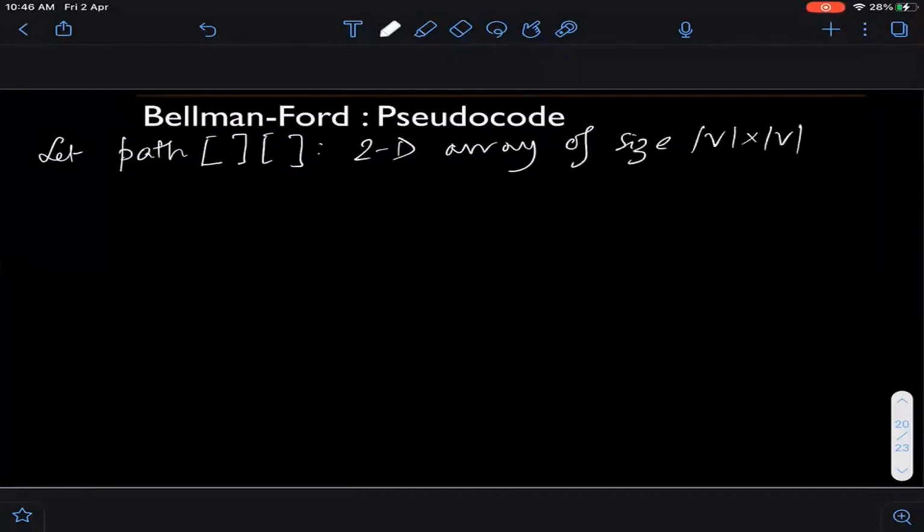And why? Because remember, I had these two parameters, one is V, another is I. But then we said that for now, let's assume that there are no negative cycles in my graph. And if there are no negative cycles, then the shortest path from S to any vertex cannot be using more than n minus 1 edges.